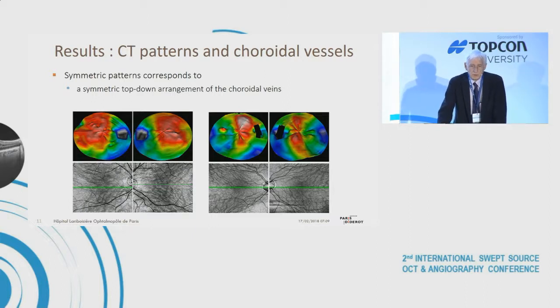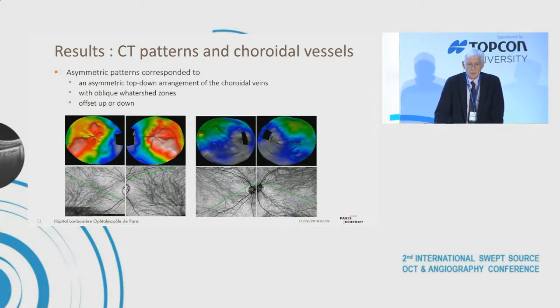We also looked at the correspondence between the choroidal thickness and the pattern of choroidal vessels, and mainly veins. And we found that the symmetric patterns corresponded to a symmetric top-down arrangement of the choroidal veins, and the asymmetric patterns corresponded to an asymmetric top-down arrangement of the choroidal veins with an oblique watershed zone offset up or down.